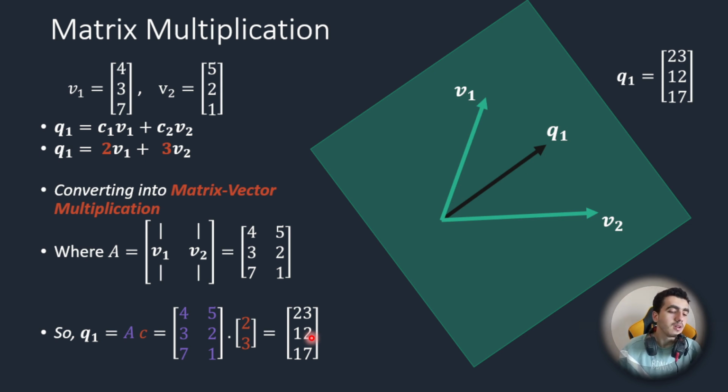Fine. Okay. So just take note that this multiplication here is the same as taking 2 from the first and 3 from the second. And try to also understand the dimensions, because dimensions should be aligned. This is 3 by 2 and it's 2 by 1. So the output should be 3 by 1.